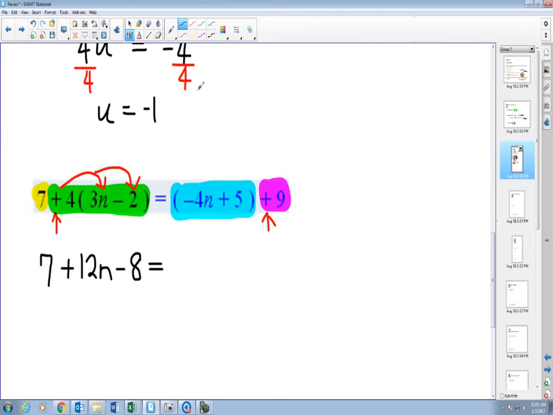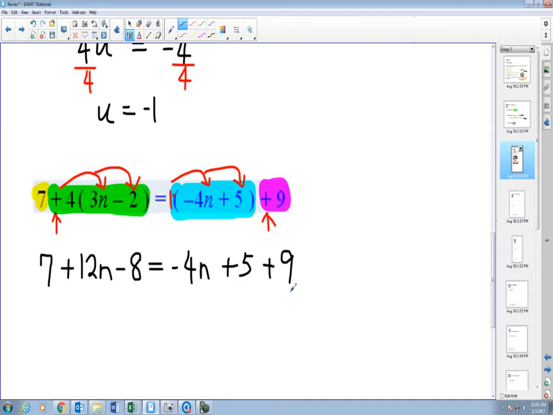My third term in front of my parenthesis is a positive 1. If nothing is written there, it's a positive 1. Then we do the distribution, which gives me negative 4n and a positive 5 still. My last term, positive 9 still. So that's step number 2, distribute.